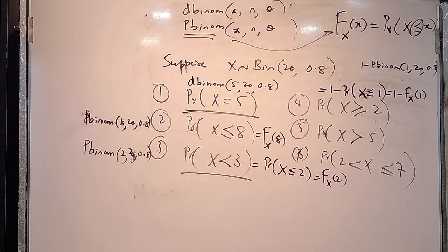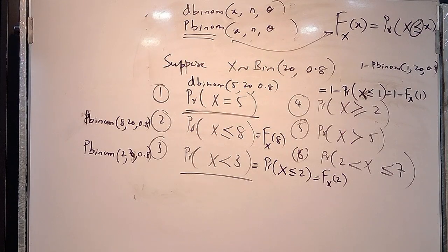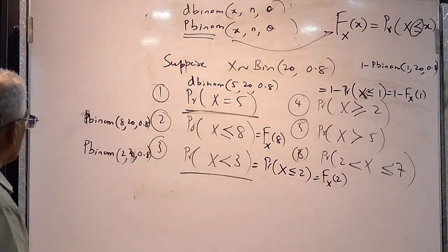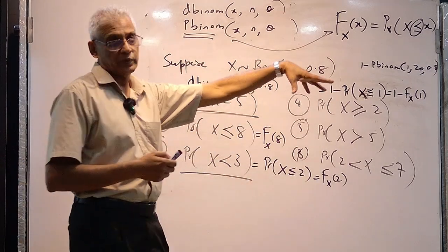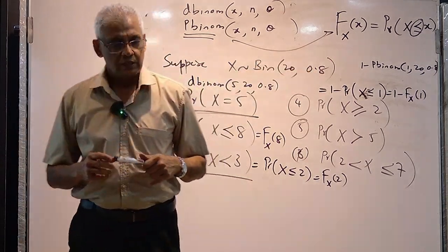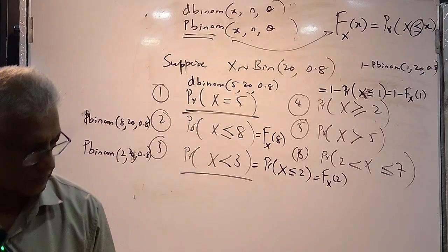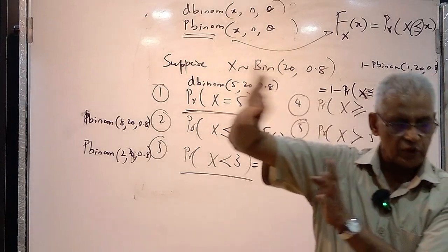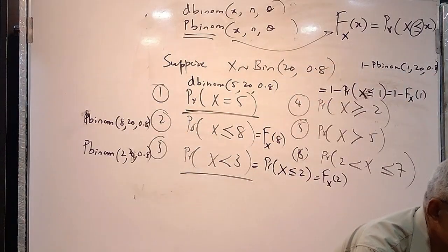There is another way of doing it, because in R it automatically gives you the less than or equal to probability. That is the default one. But in all of these functions, there is another argument called, I don't remember. I have to check. If you want, you can get the right tail probabilities also.